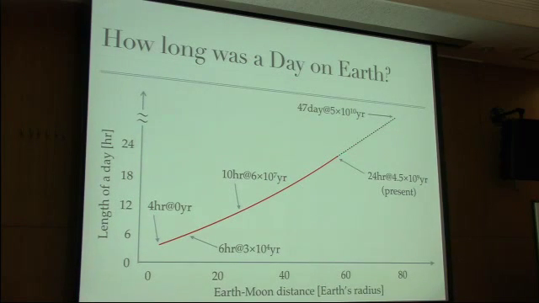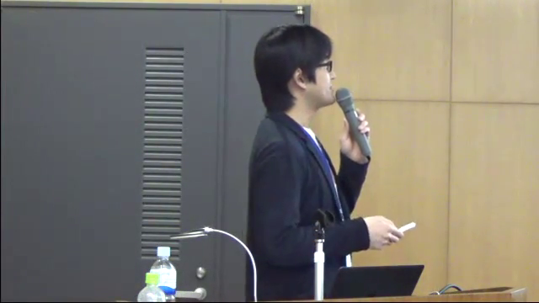Now, the Earth-Moon distance is about 60 Earth radii, and of course, the length of the day is 24 hours. Then in the very far future, maybe the length of a day would be 47 days. But don't worry, it's very far in the future. So don't worry about working such a long time a day.